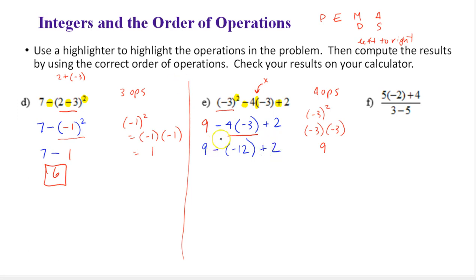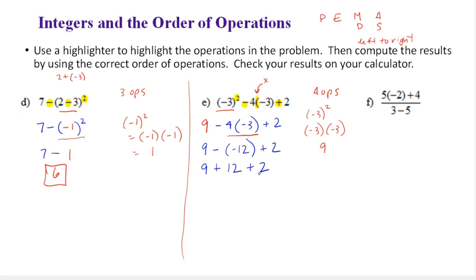Okay, so now all we have left is subtraction and addition. We're going to perform them from left to right. Since we have signed numbers, let's start by rewriting this as all addition. Instead of 9 minus negative 12, I'm going to write this as 9 plus, the opposite of negative 12 is positive 12, and then plus 2. Notice this looks a lot simpler now.